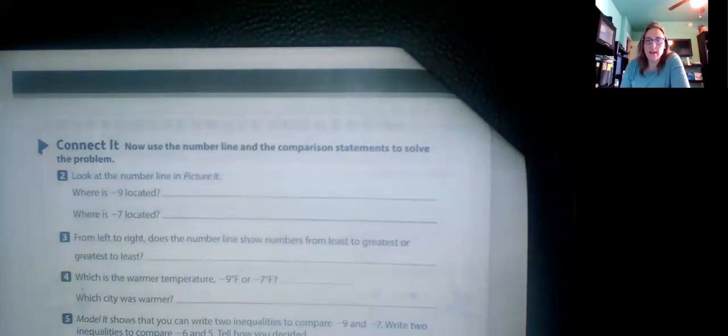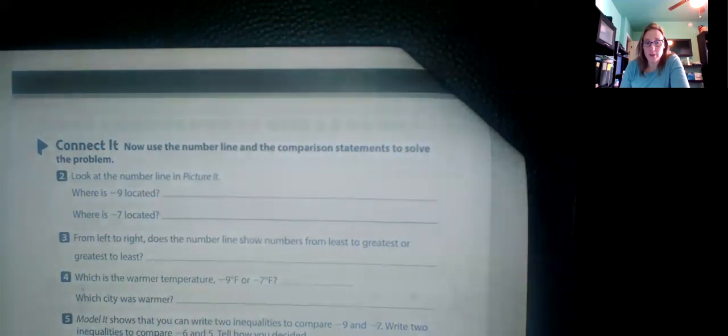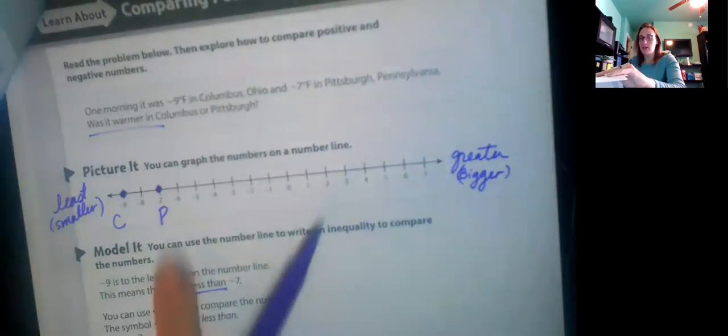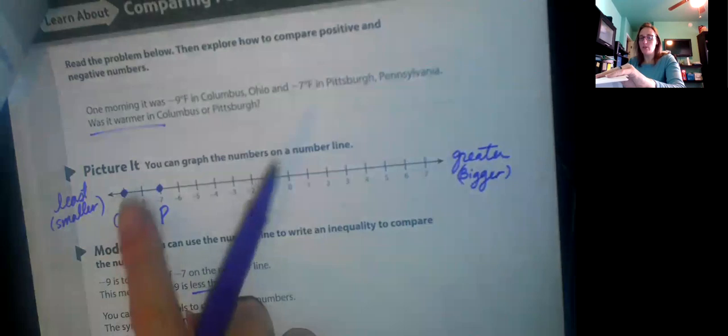Now use the number line and compare the statements to solve the problem. Look at the number line and picture it. Where is -9 located? Okay, so we talked about this already. -9 is located to the left of -7.